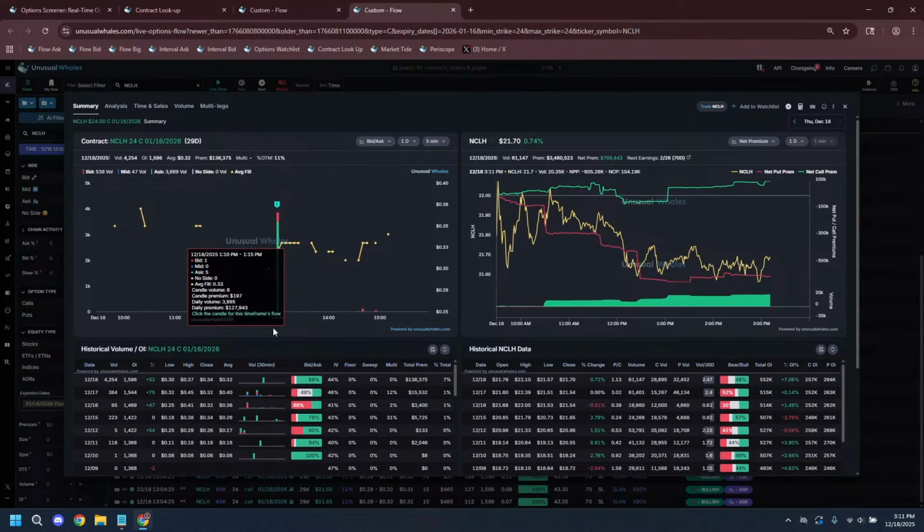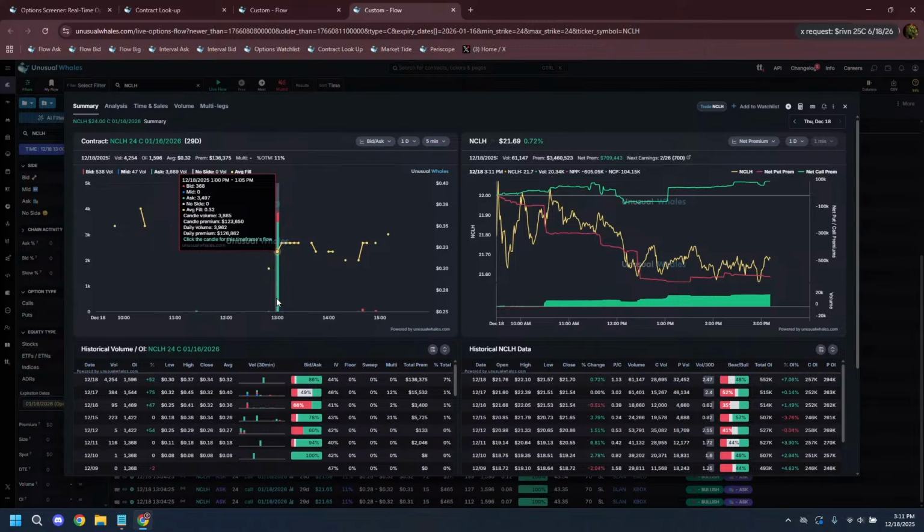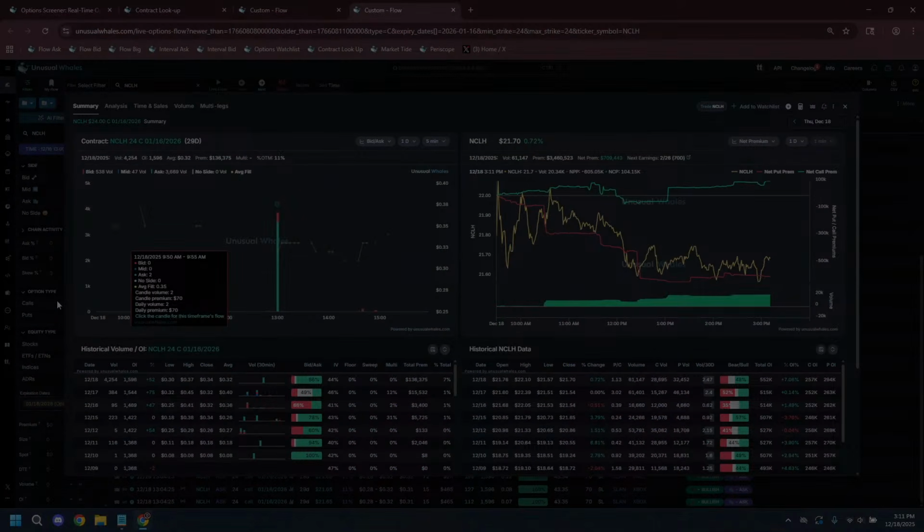An identifiable opening trade. It's not always a single candle. There are sometimes flows that are multiple single candles that you can reason are all being opened. But again, this candle was 3,900 volume. It can't fit into that little open interest, so it's clearly an opening trade.